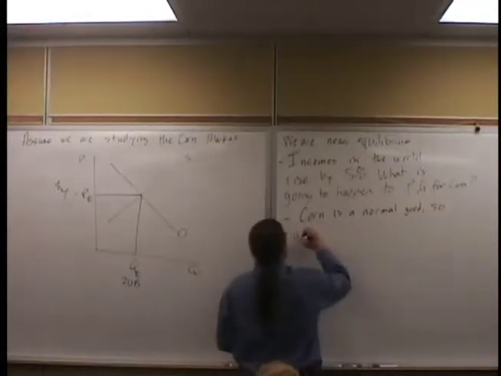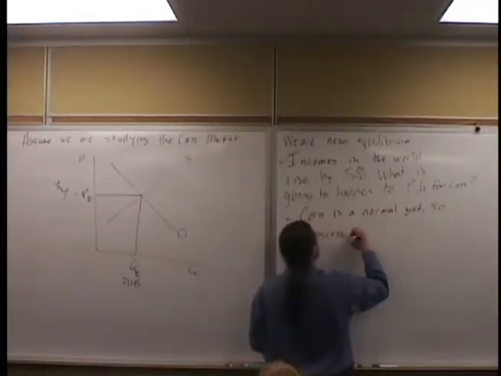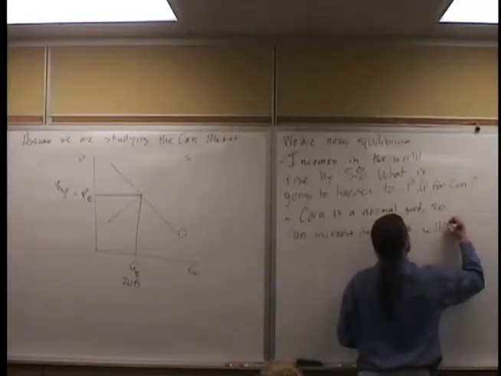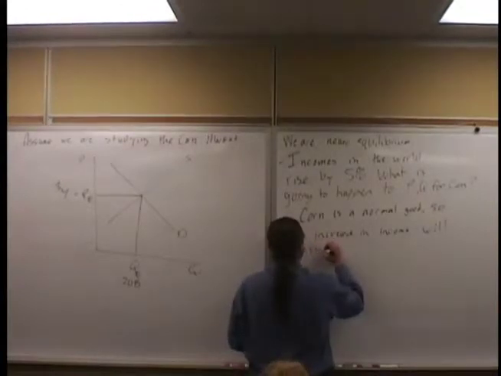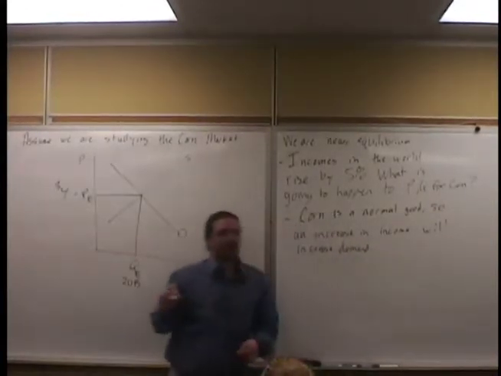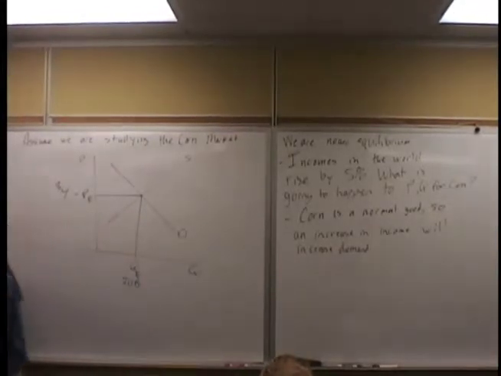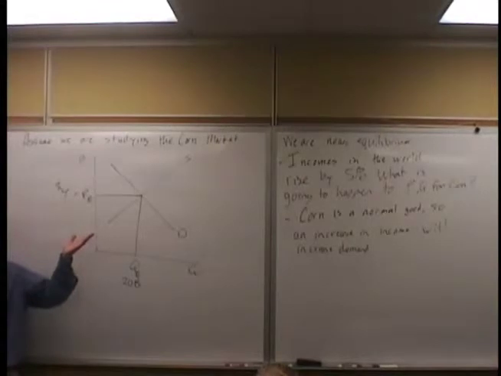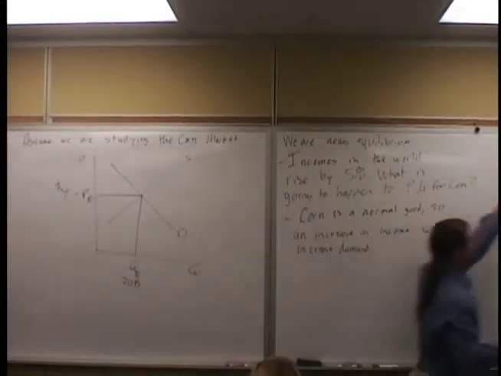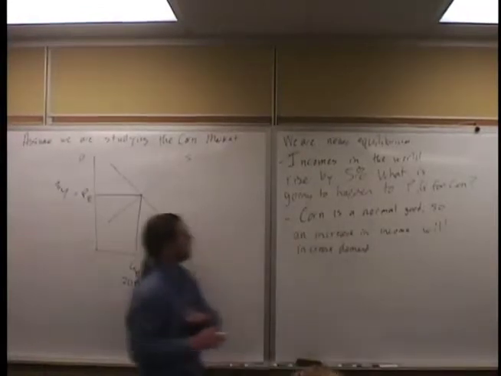So, an increase in income will increase demand. Again, the only things that increase or decrease supply or demand are the release of ceteris paribus, and we just have to figure out when something changes, where does it fit?